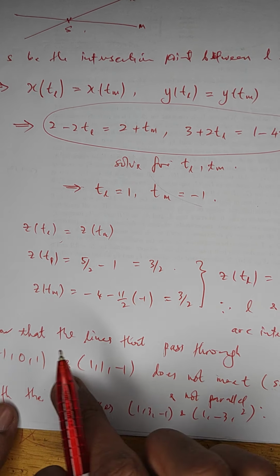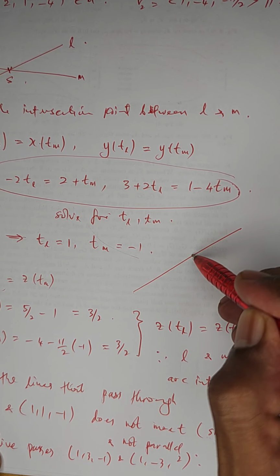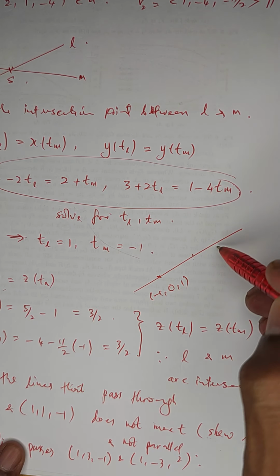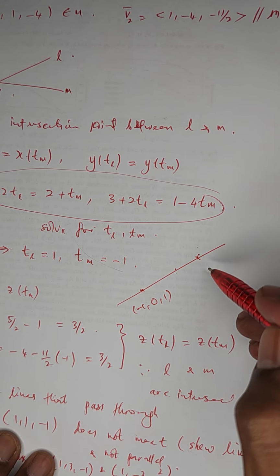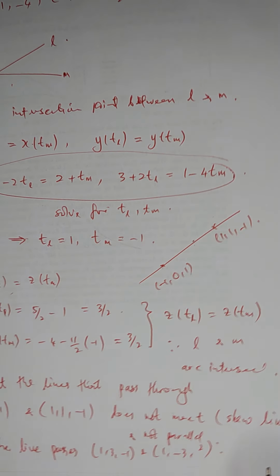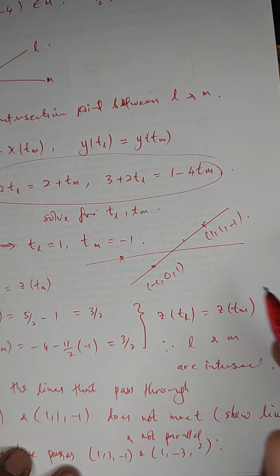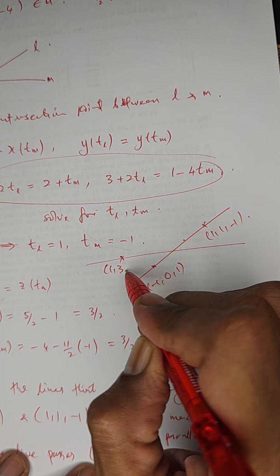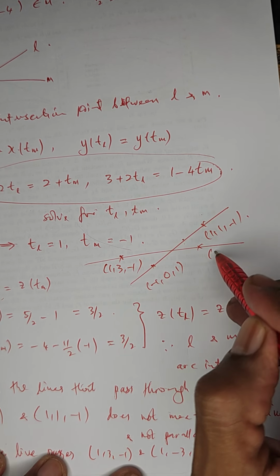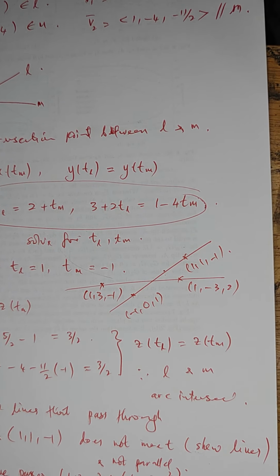So you have two lines here. Let me sketch. One line is passing through the points -1, 0, 1 and 1, 1, -1, and another line passes through 1, 3, -1 and 1, -3, 2. Show that these lines are not parallel.